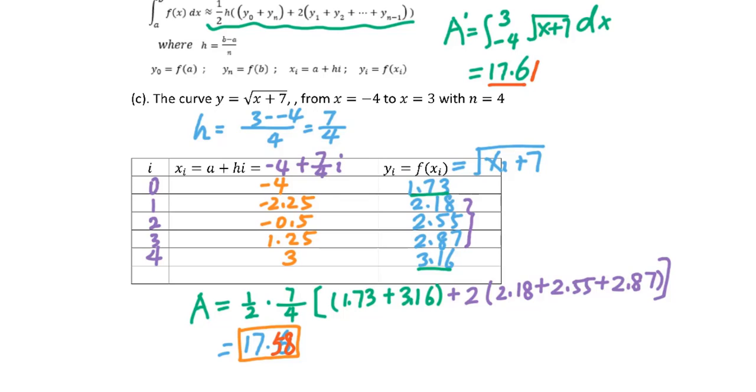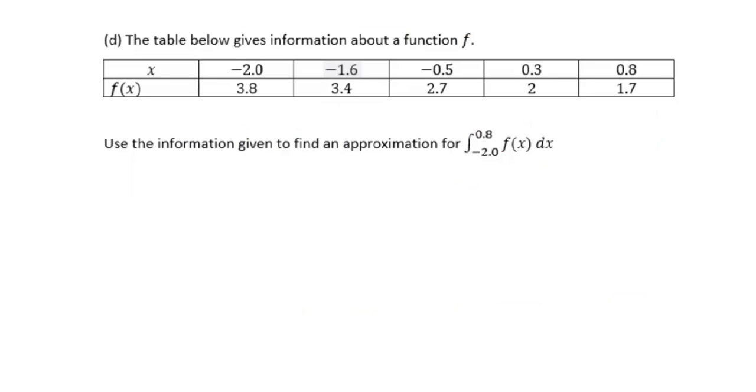So we can work out the percentage error: 17.61 minus 17.58 over the exact value, 17.61. The percentage error will be 0.170%. From this problem, you could say the trapezoidal rule is a good method to estimate any definite integral. Let's go to the last question.